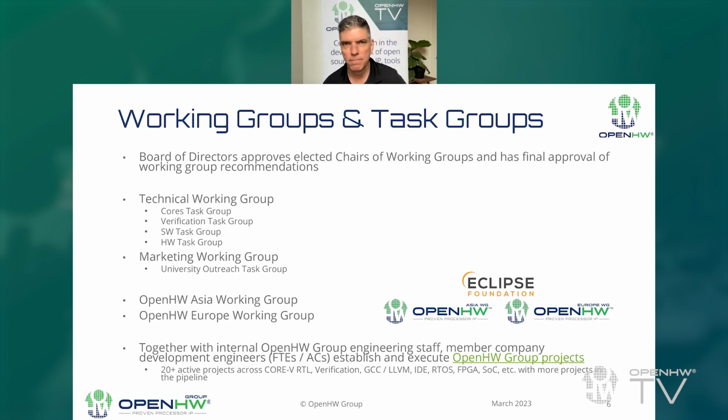But the main engine, if you will, of the ecosystem is the technical working group, and there's a series of task groups within that working group. The cores task group obviously looks after the cores, and the verification task group verifies those cores. Then the software and hardware task groups are, if you will, internal customers in the ecosystem that take the cores and build them into systems and or create enabling software around it, be that GCC, LLVM, IDEs, RTOS porting, Linux porting, and so on for the cores.